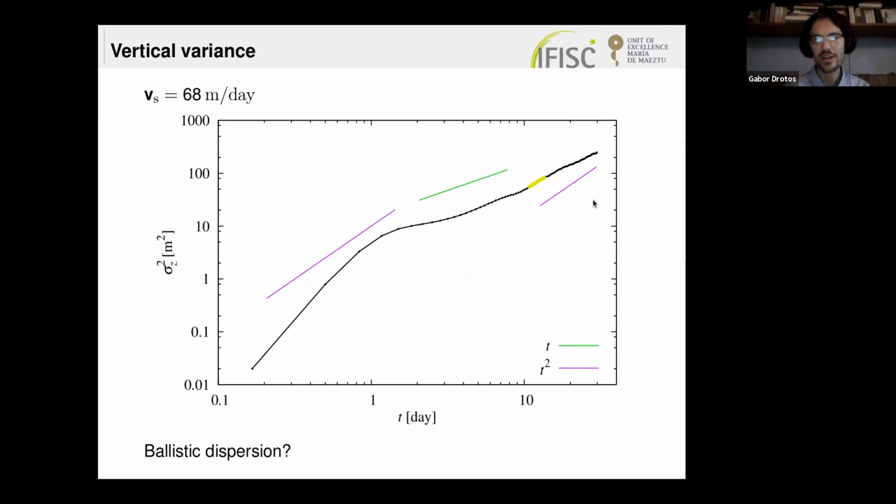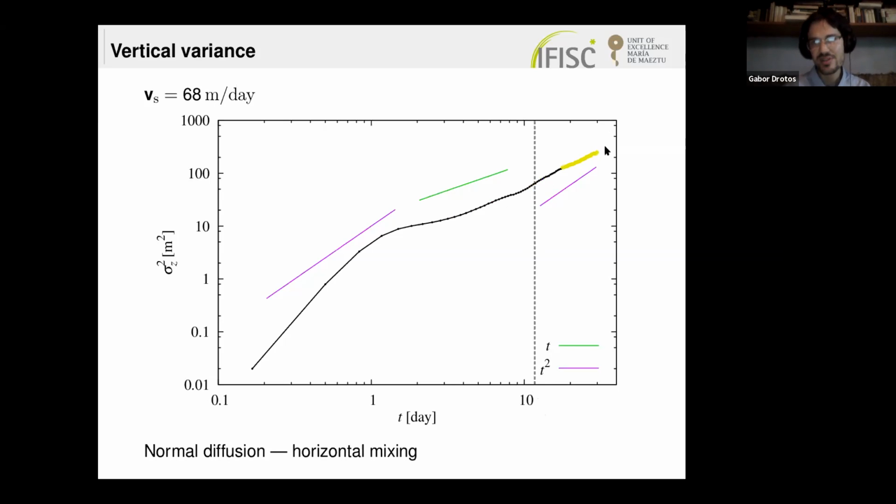We think that ballistic dispersion is indeed observed for a short time before the normal regime, and we base our guess on our estimate for the transition time, which approximately agrees with this true observed transition between these two regimes.